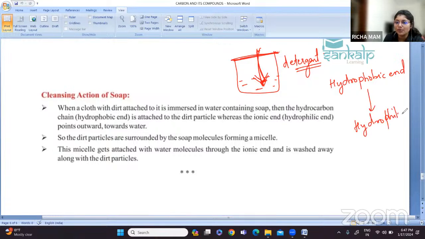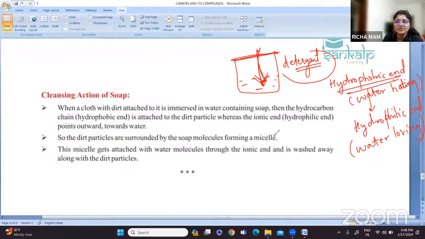What do you mean by hydrophobic end and hydrophilic end? Hydrophobic means water hating, and hydrophilic means water loving. So the soap or detergent is made up of a hydrocarbon chain, with a hydrophobic end at one side and a hydrophilic end at the other. The hydrophobic end gets attached to the dirt, whereas the ionic end points outwards, towards the water.